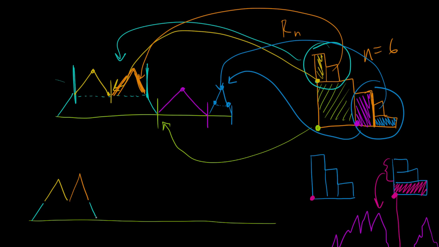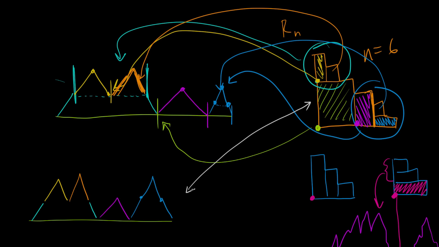We go down, and then purple, up, down, and then dark blue, up, up, down, down. This is the mountain range, an up and down mountain range, that corresponds to this 6-step rectangle tiling.